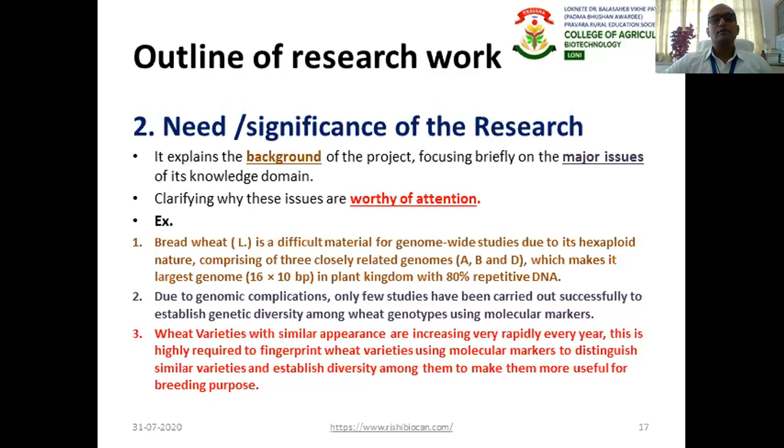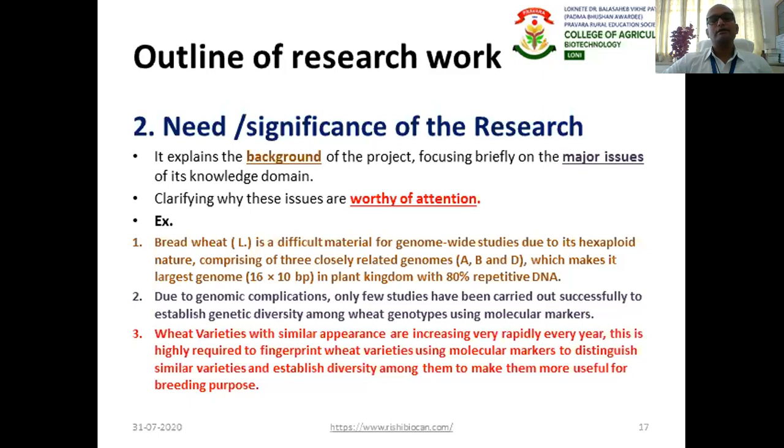And at last, what is the attention point in your research? What is the need of doing fingerprinting in wheat? Because wheat varieties with similar appearance are increasing very rapidly every year. For breeding, you need heterozygotes, not homozygotes.